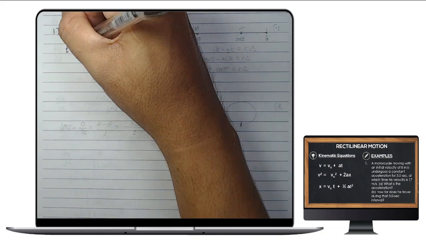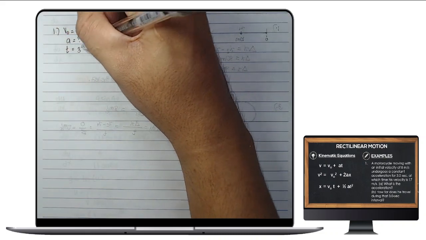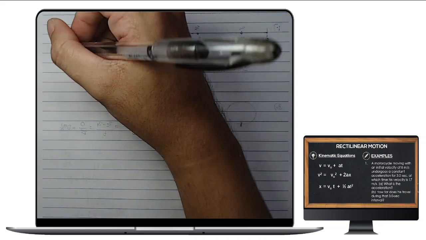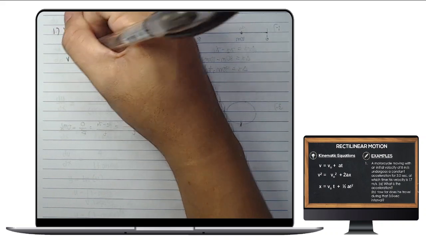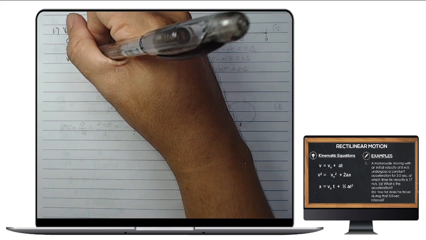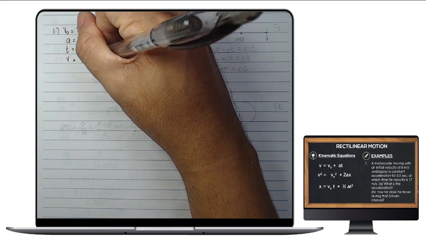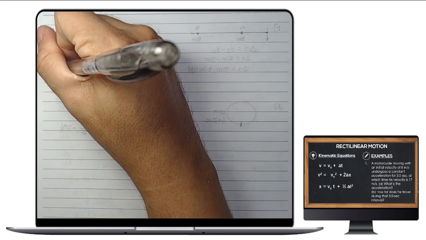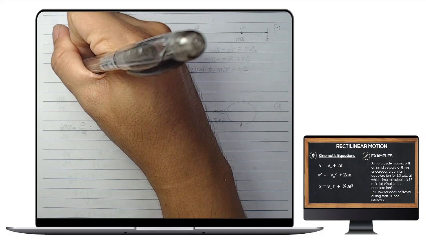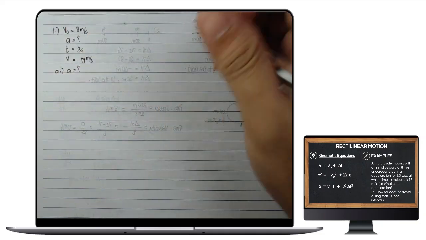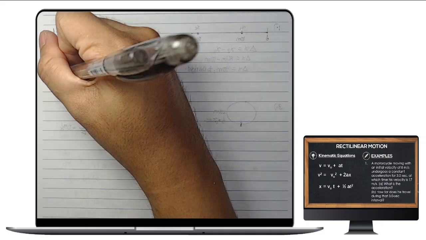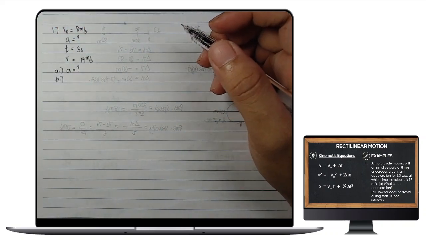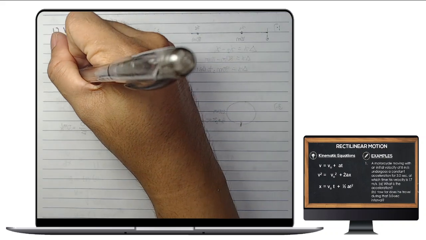So our elapsed time is 3 seconds. At which time his velocity, so the velocity at that instant, is 17 meters per second. For letter A, the question is, what is the acceleration? And for letter B, how far does it travel during that 3-second interval? That is simply x.